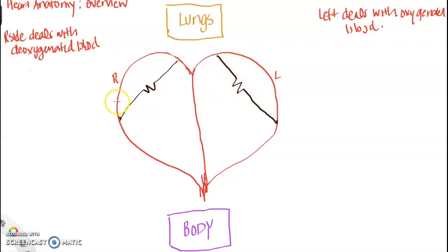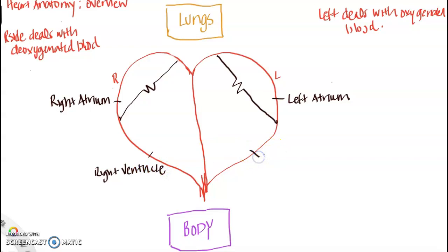So this top one is the right atrium. And this is the left atrium. And below that is the right ventricle and the left ventricle.